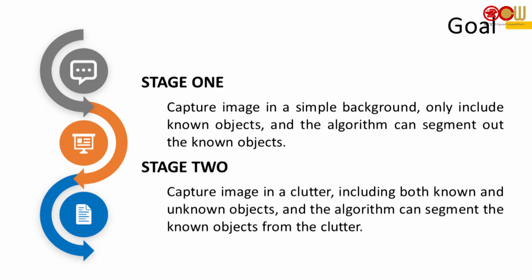In stage 2, we will capture the image in a clutter. This includes both known and unknown objects, which includes our pre-trained models and the objects we did not train. And we hope that our algorithm can segment the known objects from the clutter.